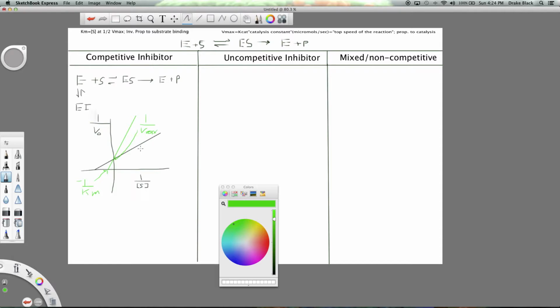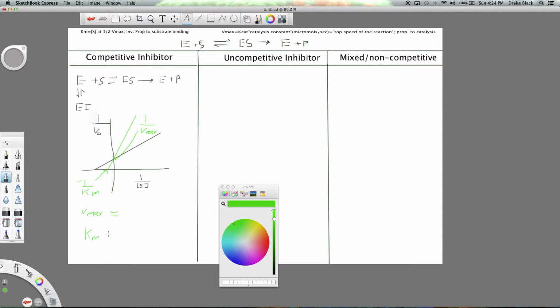So if we notice what happened here, the Vmax didn't change really. So we say that's about equal. But the Km value, on the other hand, actually increased. You see, it got less negative, but really it's not negative because of the nature of this plot.